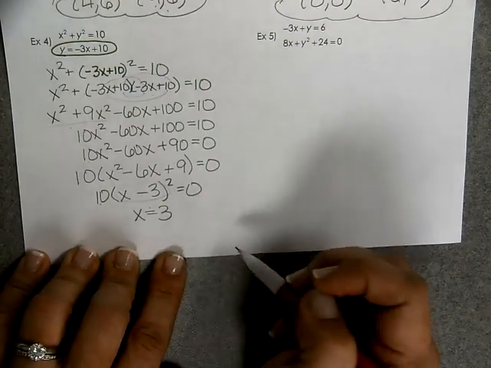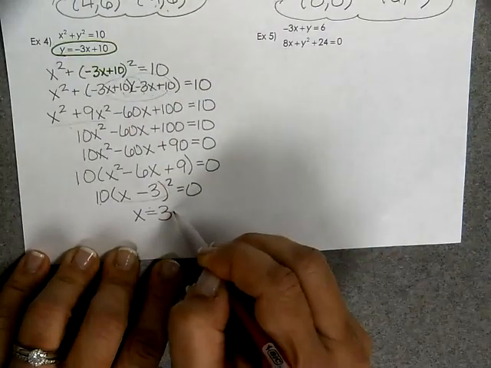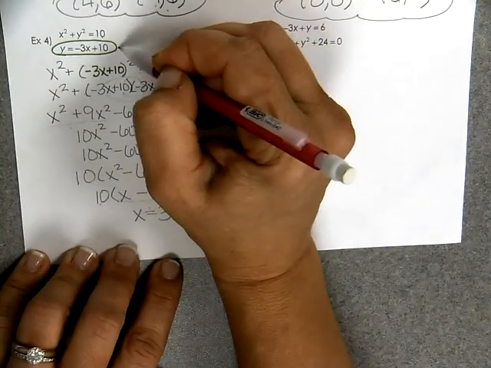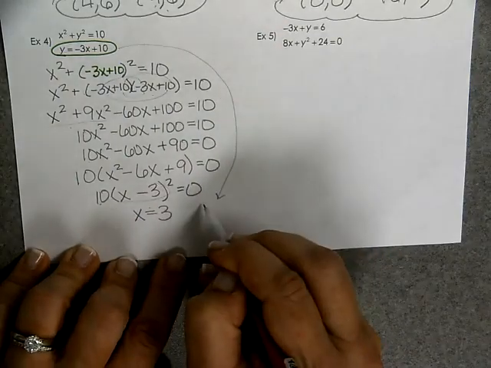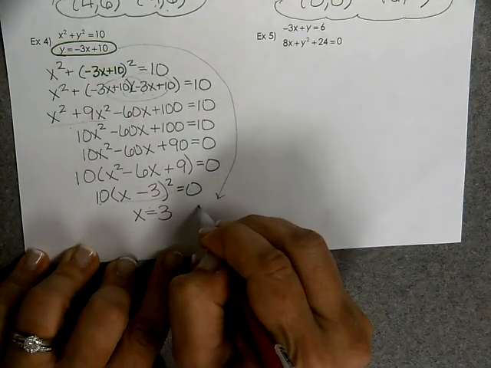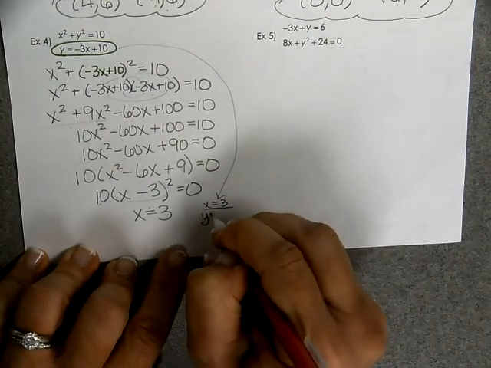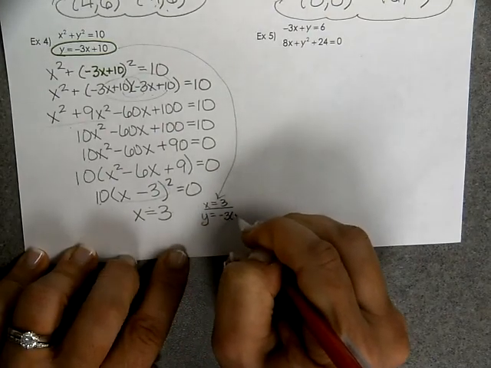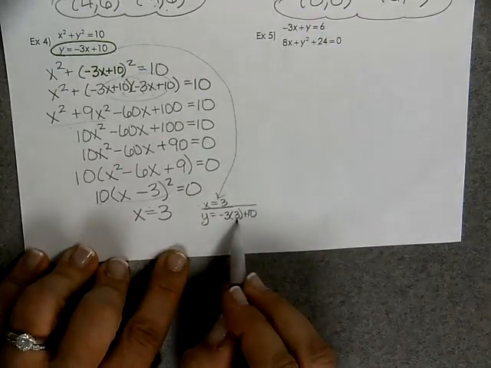Now remember, this is a system, which means that we need an x and a y coordinate. So let's maybe find our y coordinate. And we can find our y coordinate by substituting this 3 back into this equation here. So when I have x equals 3, I can use y equals negative 3x plus 10, but put the 3 in for the x.